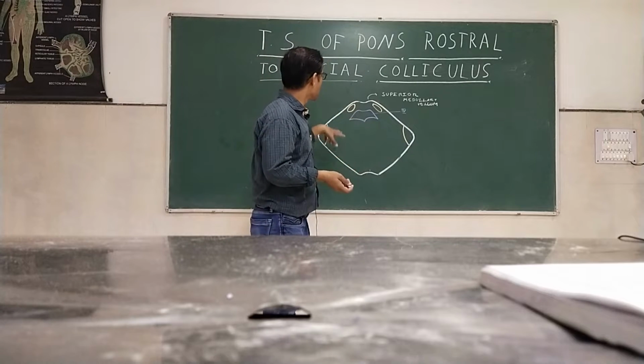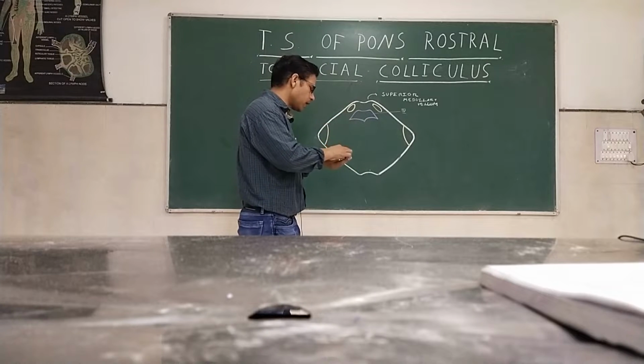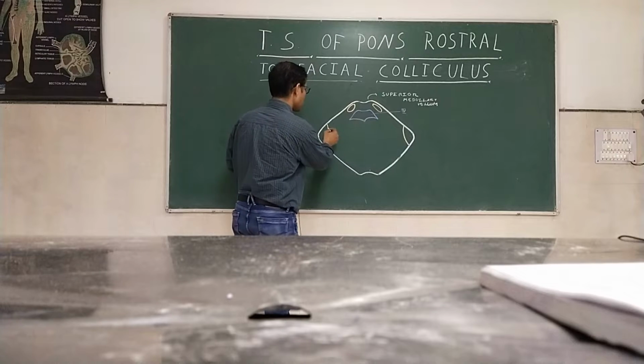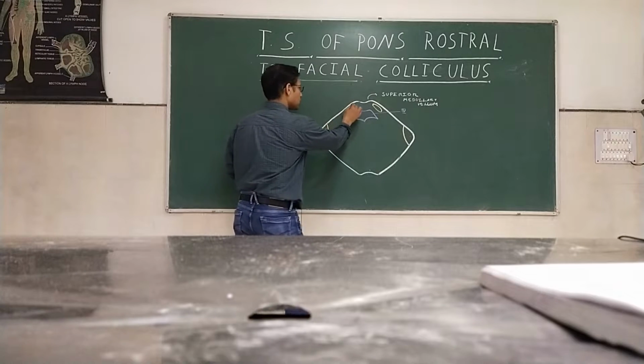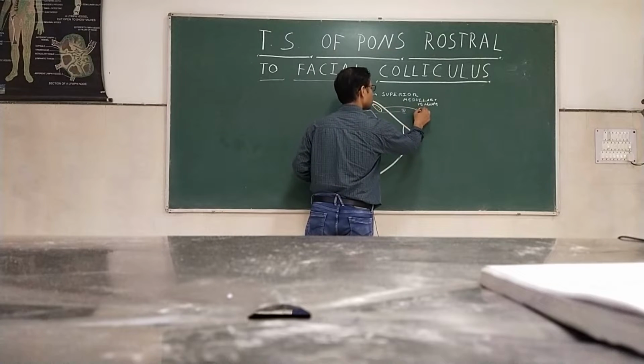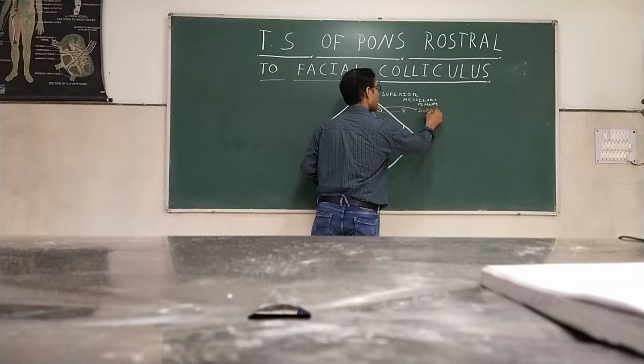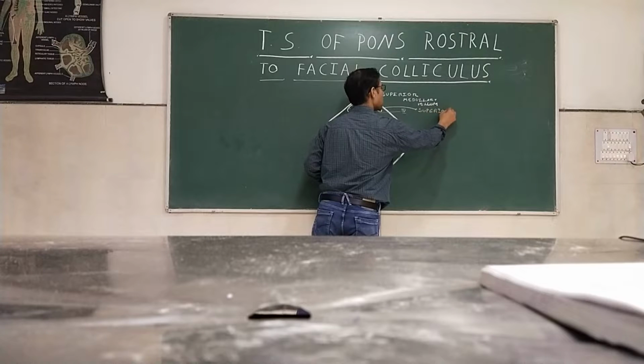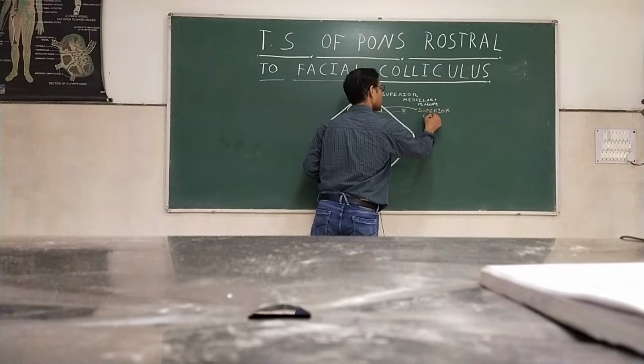The median part, the vermis, of the cerebellum is resting on it. Another characteristic feature, which I draw with the brown chalk, is the superior cerebellar peduncle.